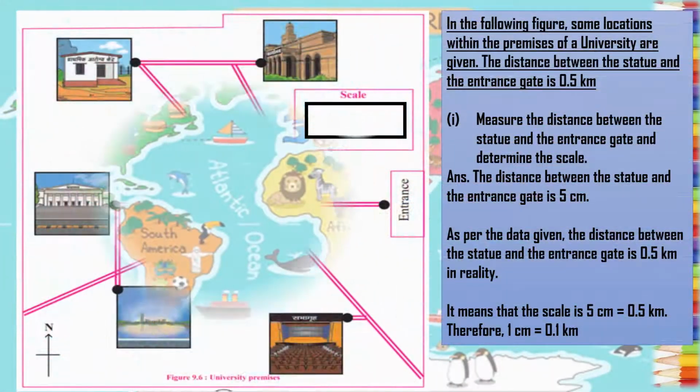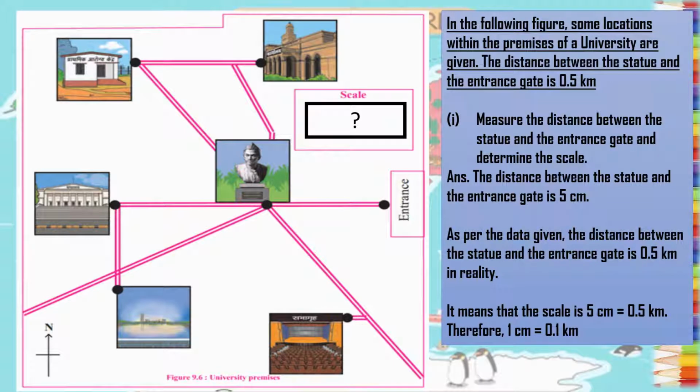So students, this is there in your textbook, page number 63. Now in the following figure, some locations within the premises of a university are given. The distance between the statue and the entrance gate is 0.5 kilometer. Students, this distance, that is from the statue to the entrance, is 0.5 kilometer.